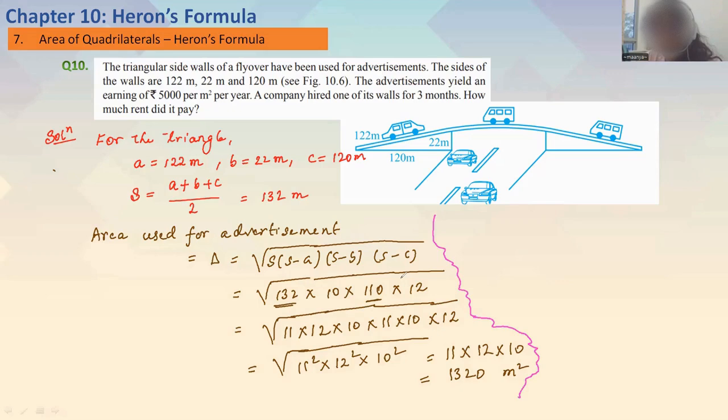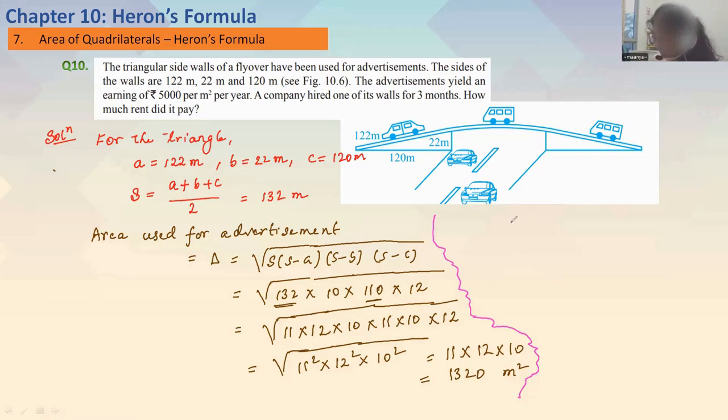So what should be the total revenue? If we do cross multiplication, it will become 5,000 into 1 by 4, upon 12.